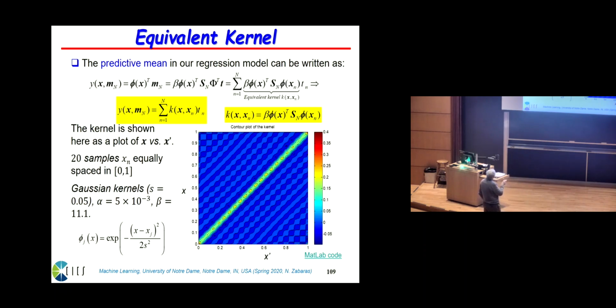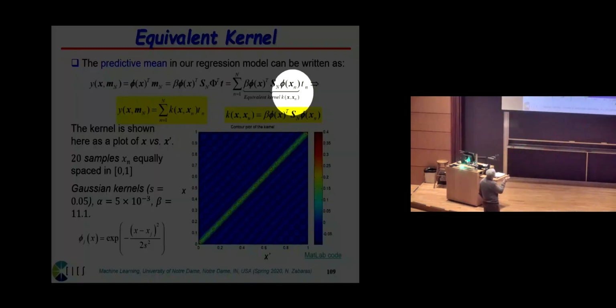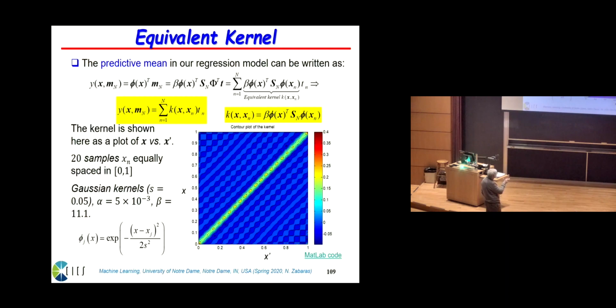So if we use Gaussian basis functions, so if my phi is a Gaussian basis function, so the k here is computed with Gaussian basis functions, and I plot this k based on this definition, that bracket. If I plot k as a function of x and x prime, you realize, looking at this plot, that the kernel takes the biggest values when x is equal to x prime.